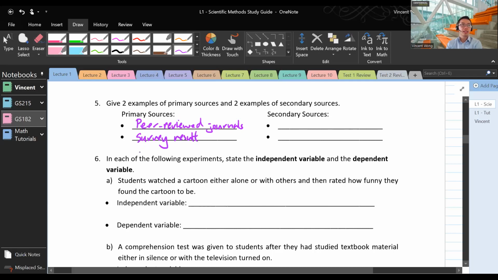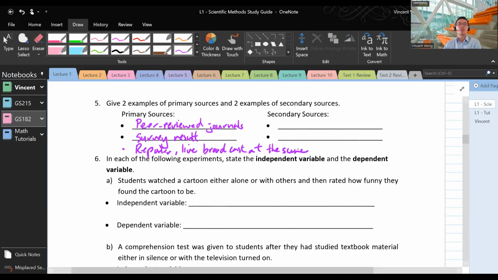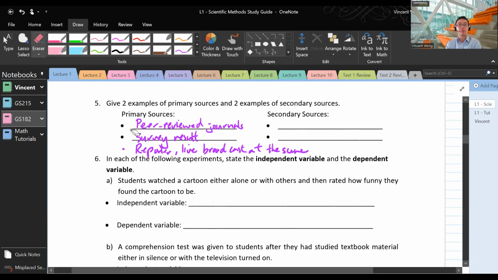Another one would be a reporter doing a live broadcast at the scene of something. Say there is a car accident and the reporter is describing the scene to you live at that scene, and that's a primary source.